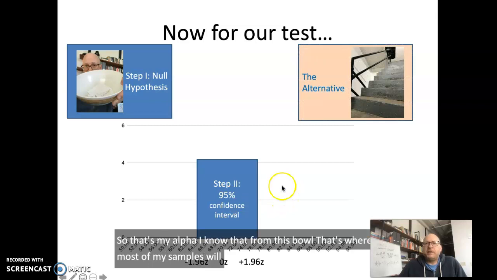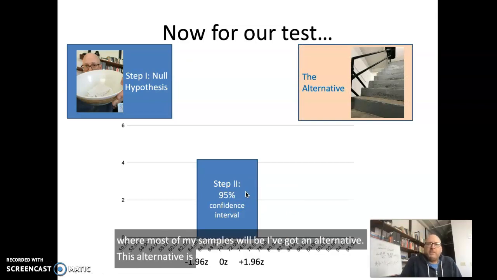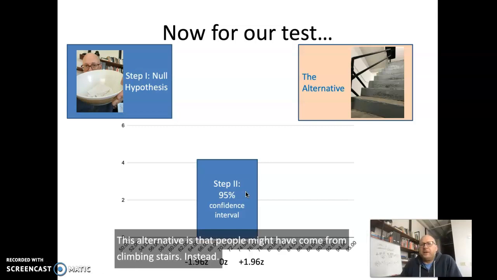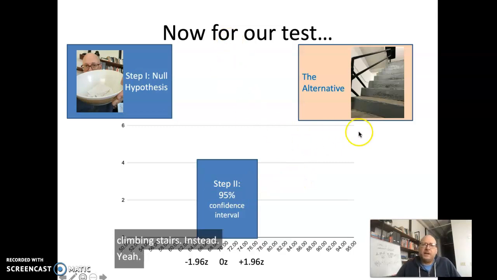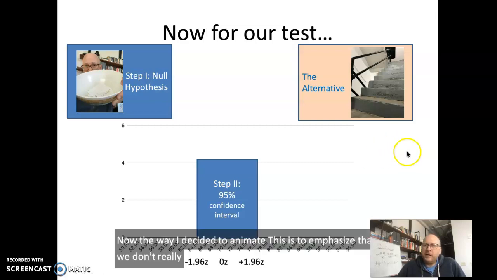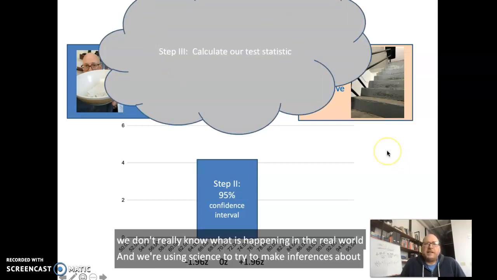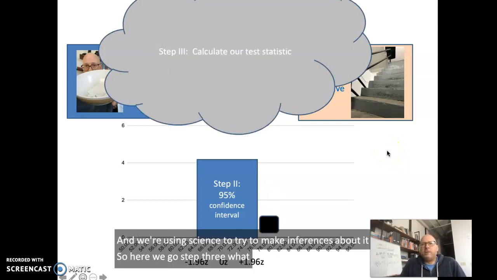Now I've got an alternative. This alternative is that people might have come from climbing stairs instead. Okay. Now, the way I decided to animate this is to emphasize that we don't really know what is happening in the real world, and we're using science to try to make inferences about it. So here we go. In step 3, what happens is we wind up magically with a sample.